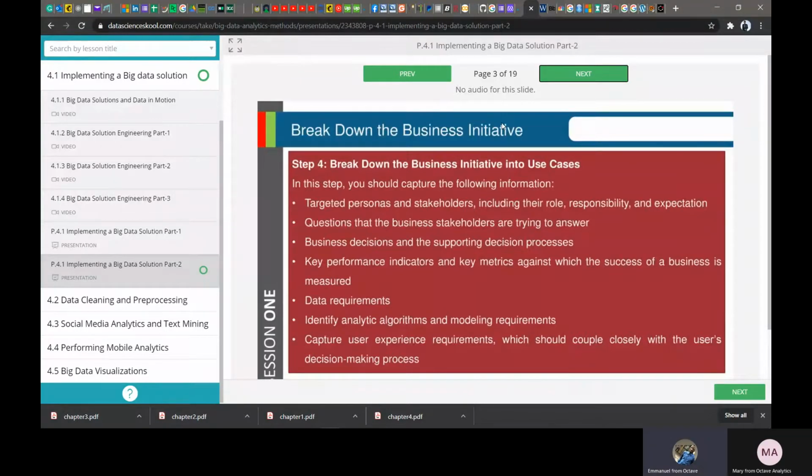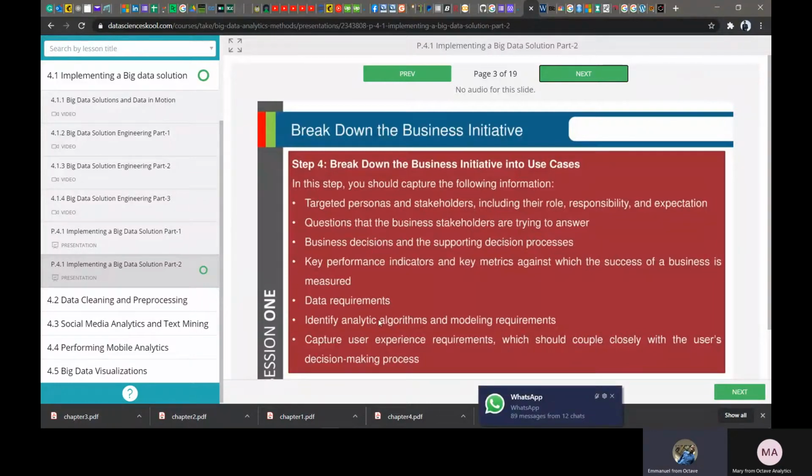For them to consider your solution to be a success, they can say, okay, you have to increase the revenue by 20%. So that's the metric against their success factor. If you can increase their revenue by 20%, then you consider what you've done as a success.